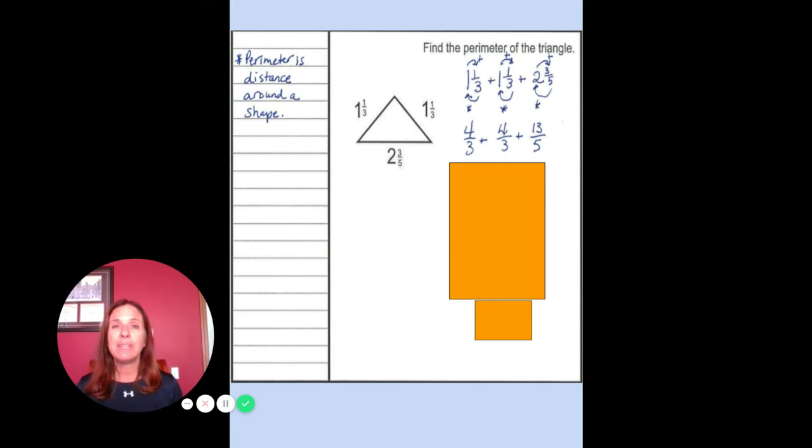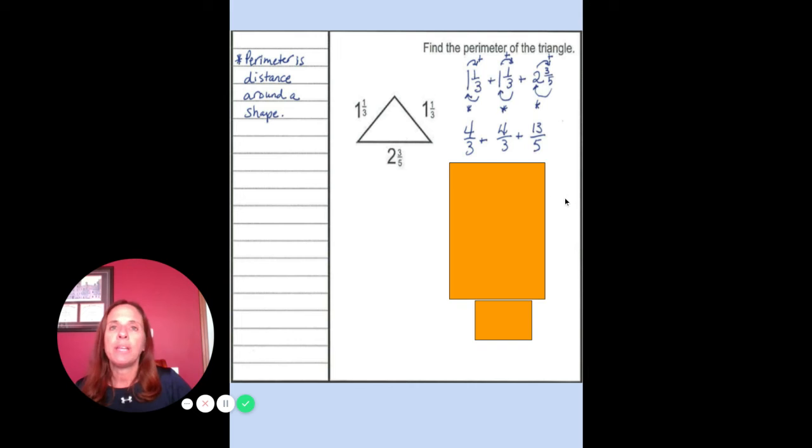Now, I'm going to rewrite this vertically so that can help me line up my fractions and then look for that common denominator. 3, 3, and 5. What would be the least common denominator or least common multiple between 3 and 5? 15 is correct.